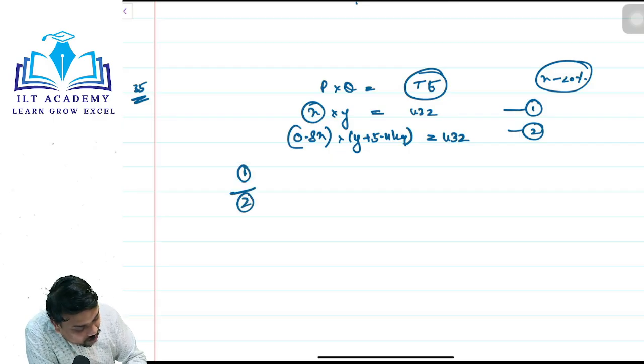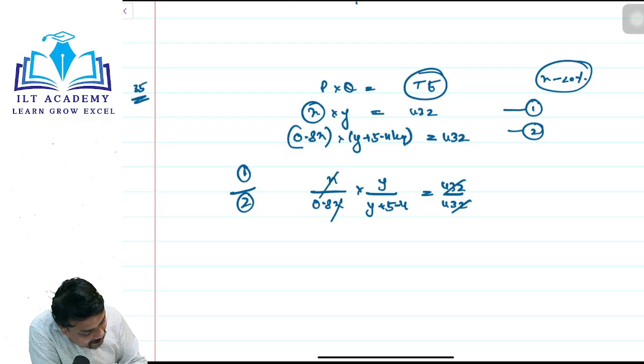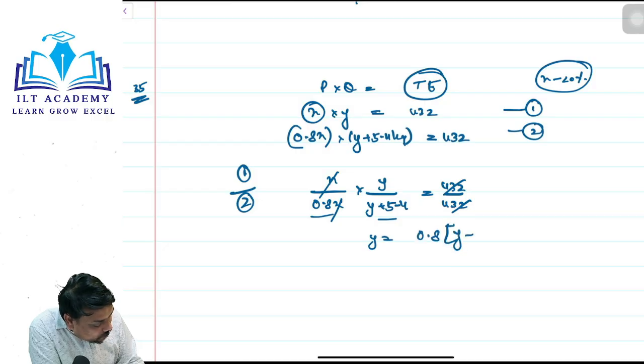1 divided by 2. X divided by 0.8x into y divided by y plus 5.4 is equal to 432 by 432. Cancel. X cancel. Clear? So y is equal to, this and this will go that side, 0.8 into y plus 5.4.